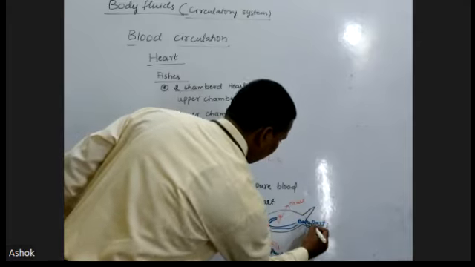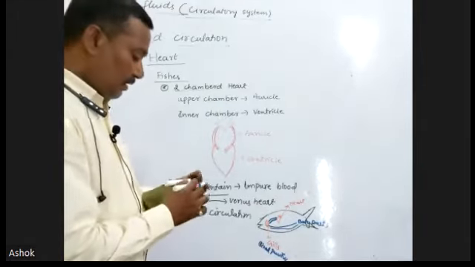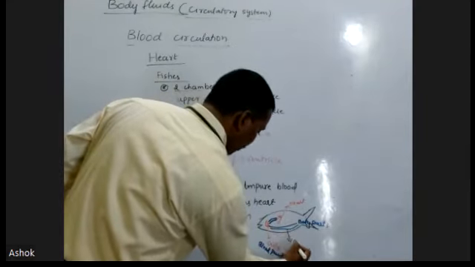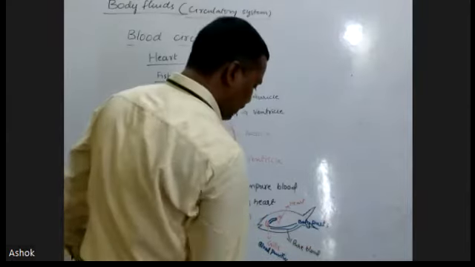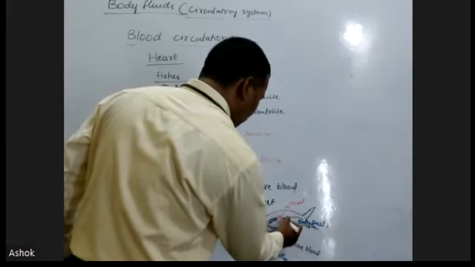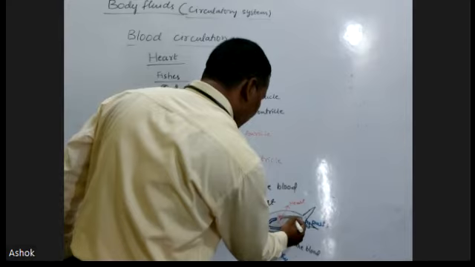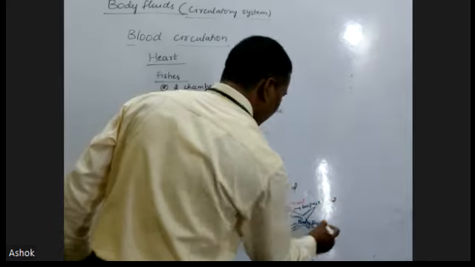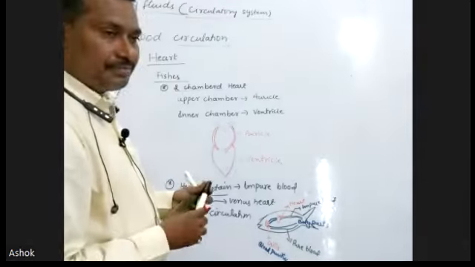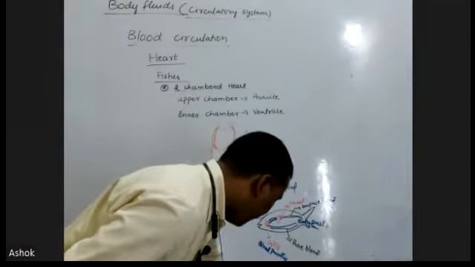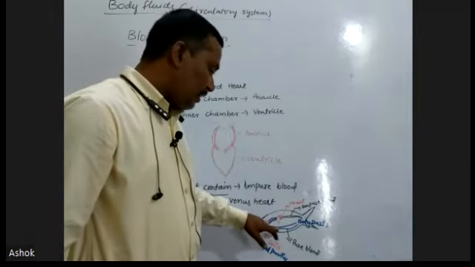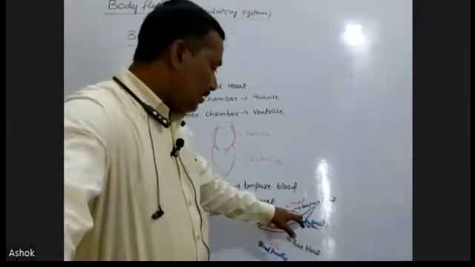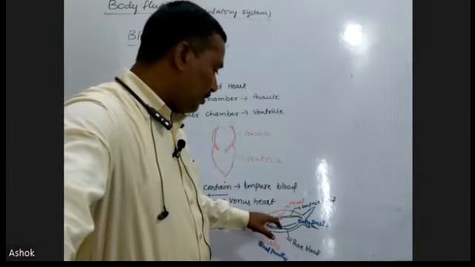Pure blood reaches the body parts, which utilize the oxygen, and this deoxygenated blood becomes impure blood. The impure blood enters into the heart, and again from the heart, blood goes to the gills and then to the body parts. The body parts utilize oxygen and develop impure blood, and the impure blood enters into the heart.